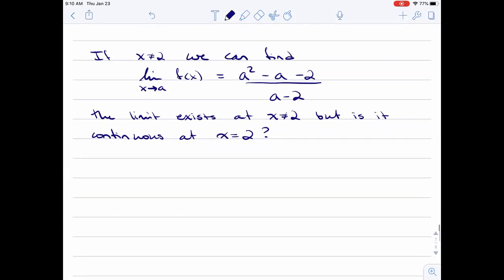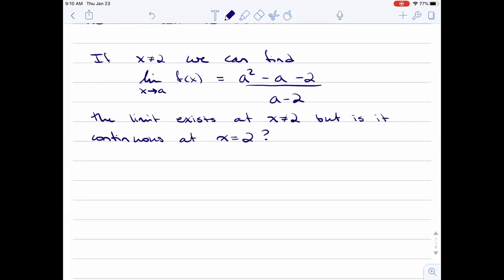So the first thing we're going to check, right, is, well, if x equals 2, I want to find that the limit exists, right? The first checkpoint, the limit has to exist. The second checkpoint, it has to be defined, right? And the third checkpoint, the limit has to equal f of a, right? And so those two have to equal each other.